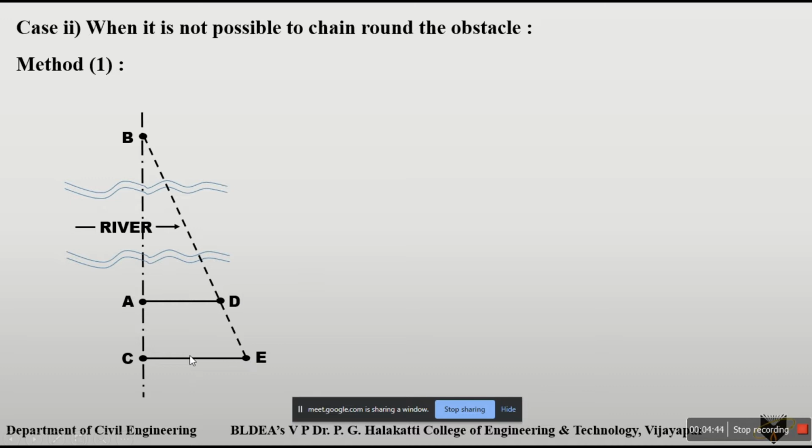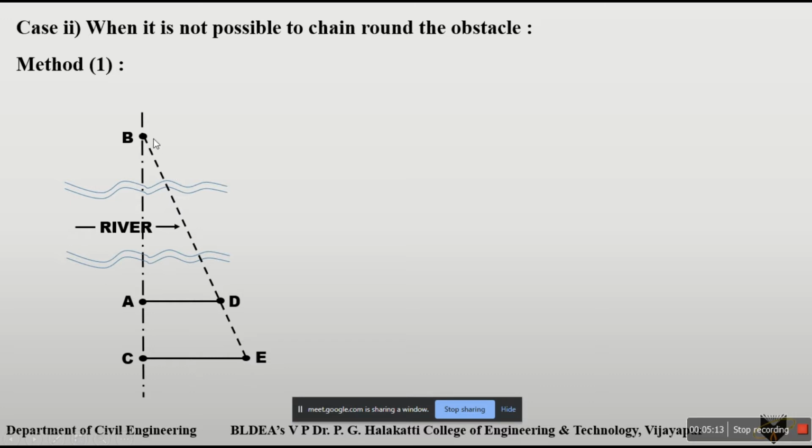One more person comes with a ranging rod and moves along this perpendicular line. Then you have to bisect from this point with this ranging rod. Similarly, this person moves along the line until the ranging rod comes onto the line of the BD ranging rod. Then stop the moving of this ranging rod and fix this point.